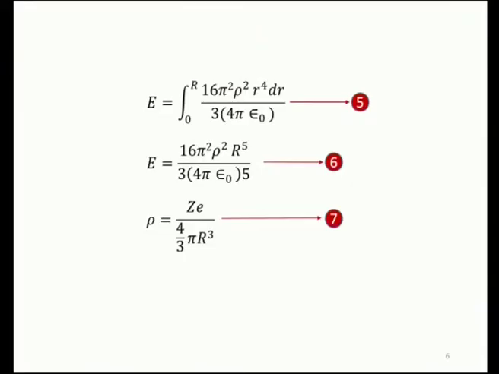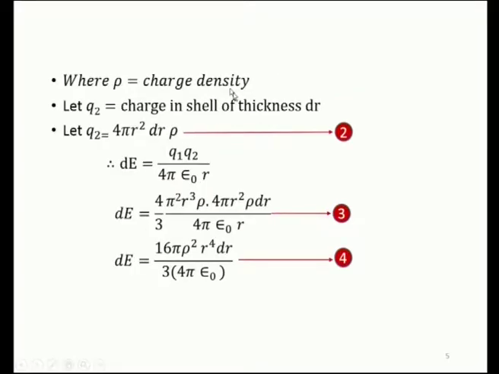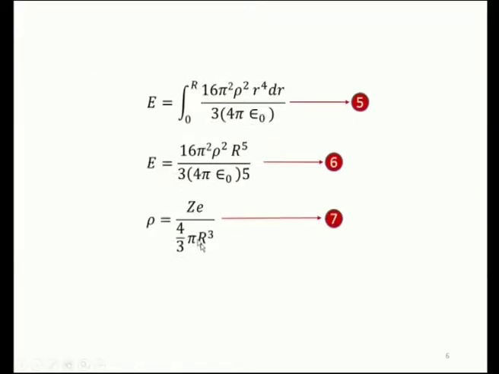From the previous equation, equation 4, we have just substituted, and we get 16 pi squared rho squared r to the power 4 dr by 3 into 4 pi epsilon 0.